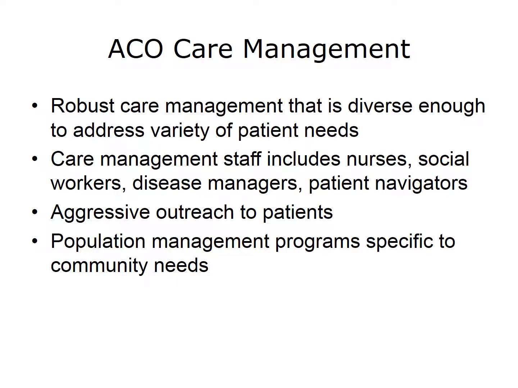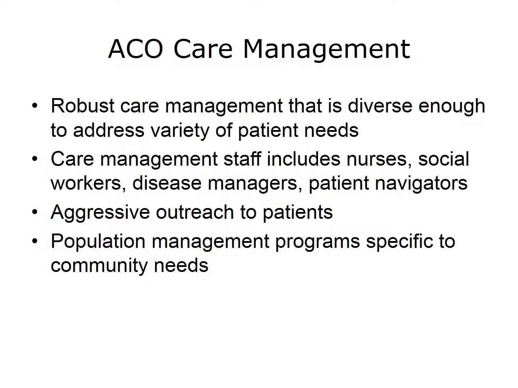In addition to new ways of collecting and reporting information, ACOs will need new care management processes that will involve people and information technology. For example, the robust management of diverse patients is something many ACOs will need to develop and deploy. The staff to do this work includes nurses, social workers, disease managers, patient navigators, and potentially new healthcare workers that will emerge as ACOs develop.